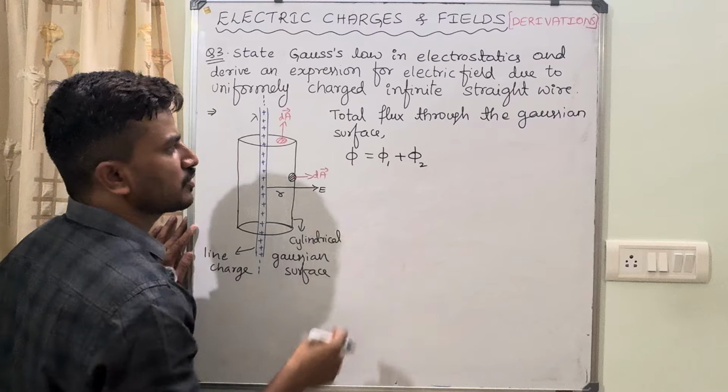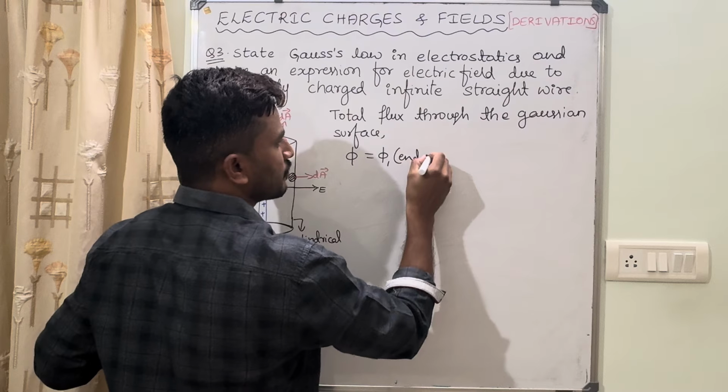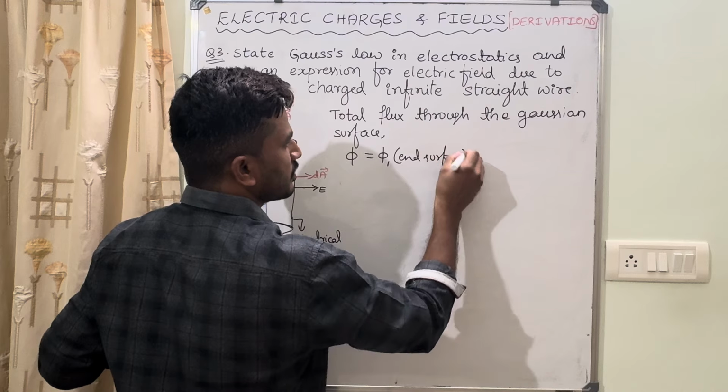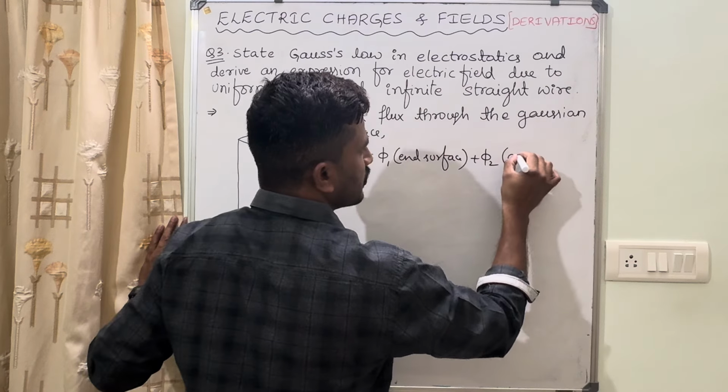Phi 1 is the flux through the end surfaces plus phi 2 is the flux through the curved surface.